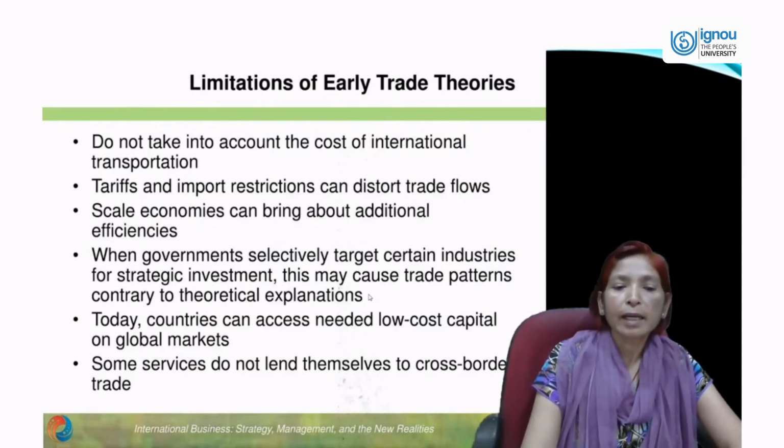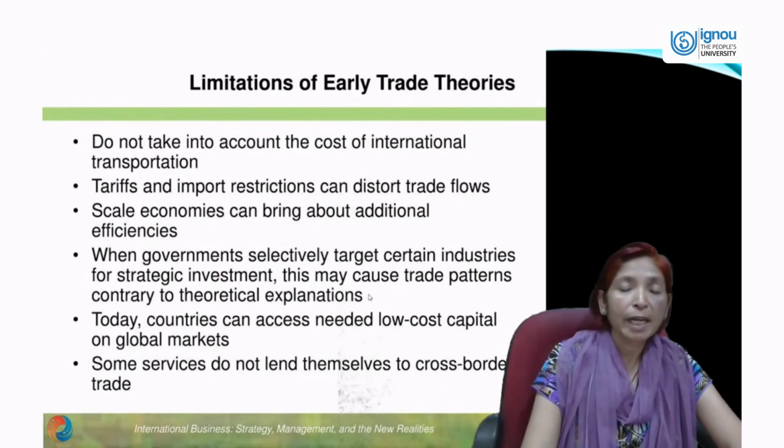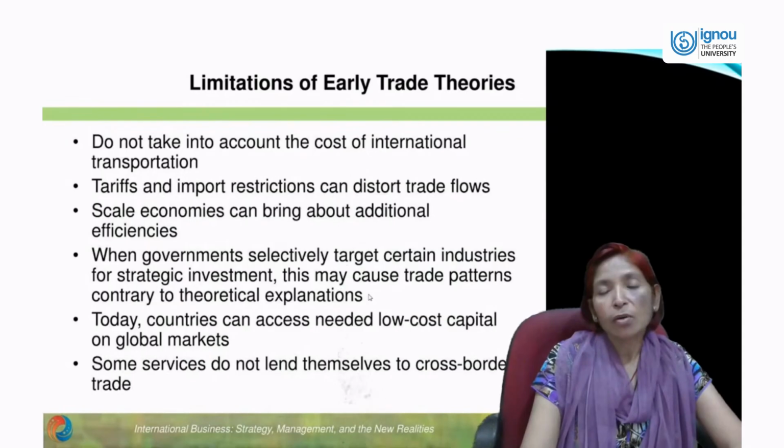Today, countries can access needed low cost capital on global markets. Some services do not lend themselves to cross border trade. These are the limitations of classical trade theories, which were explained before the origin of modern theories.